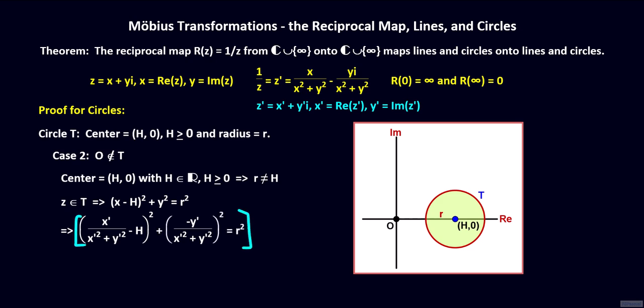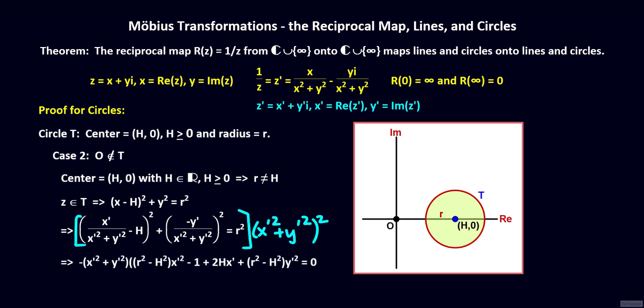We multiply this entire equation by x prime squared plus y prime squared quantity squared. We should get this equation after a little multiplication and some rearranging of the terms.